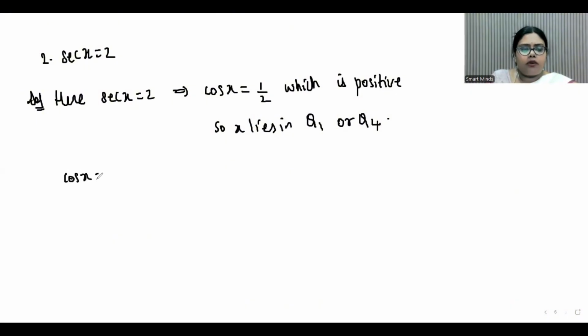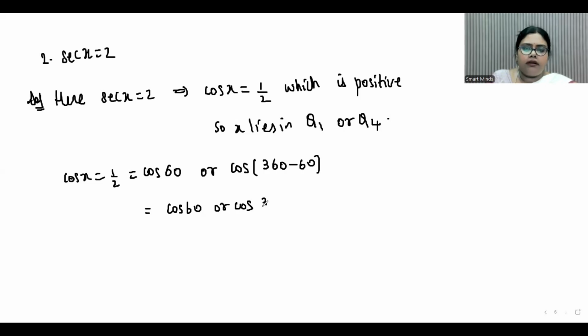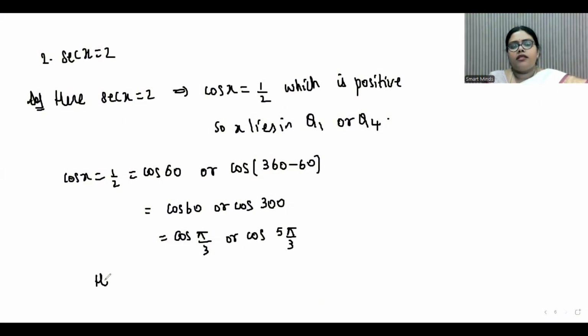So cos x equals 1 by 2. That means either it is cos 60 or it is cos 360 minus 60. So that is either cos 60 or cos 300. So cos 60 we can write as cos pi by 3, or cos 300 can be written as cos 5 pi by 3. Hence, what are the principal solutions?